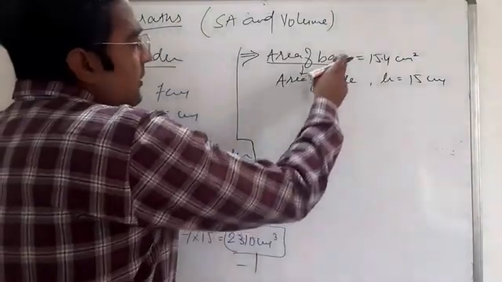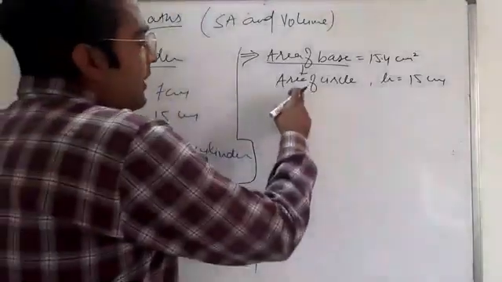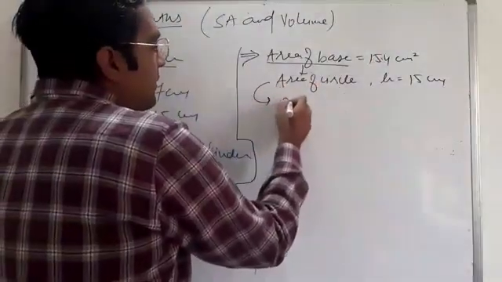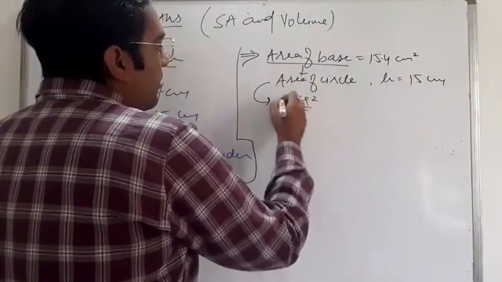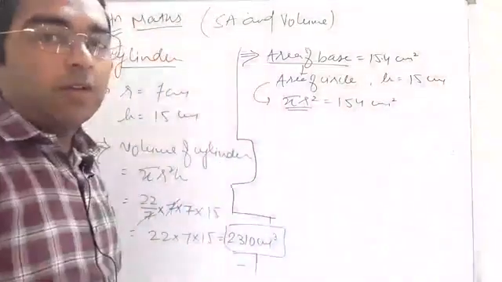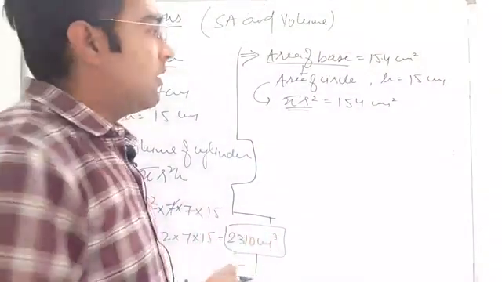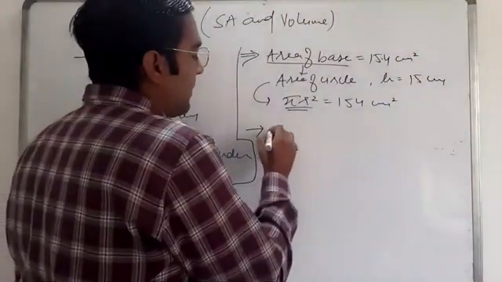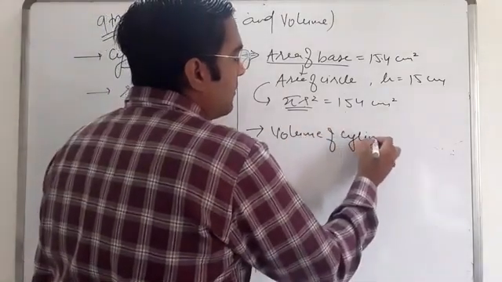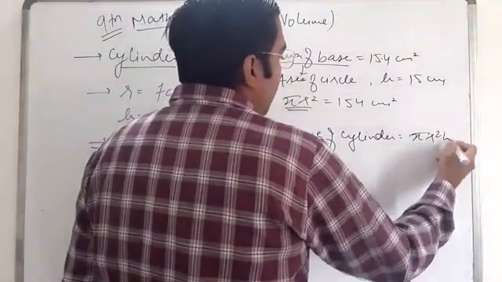The area of the base is given, 154 centimeter square, and the area of a circle is pi r square, so pi r square equals 154 centimeter square. Now I have to find the volume of the cylinder, which is pi r square h.